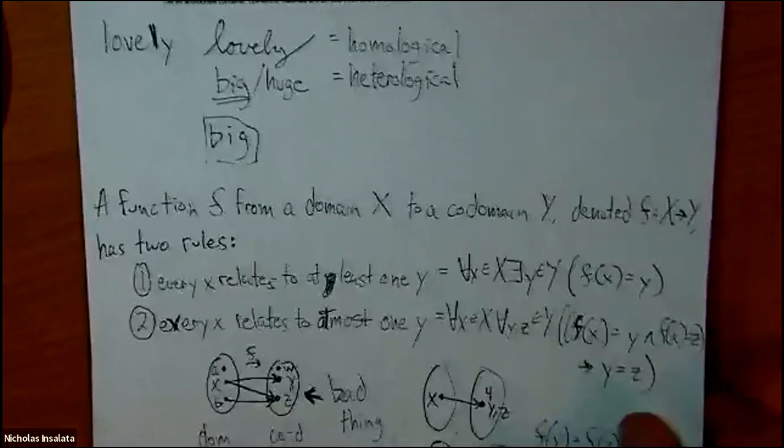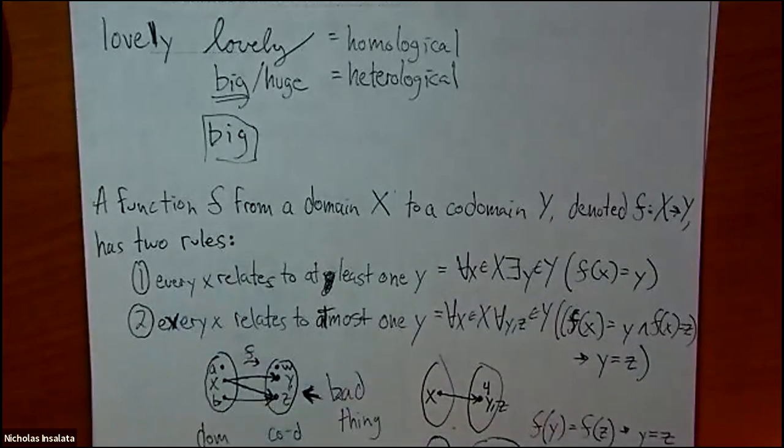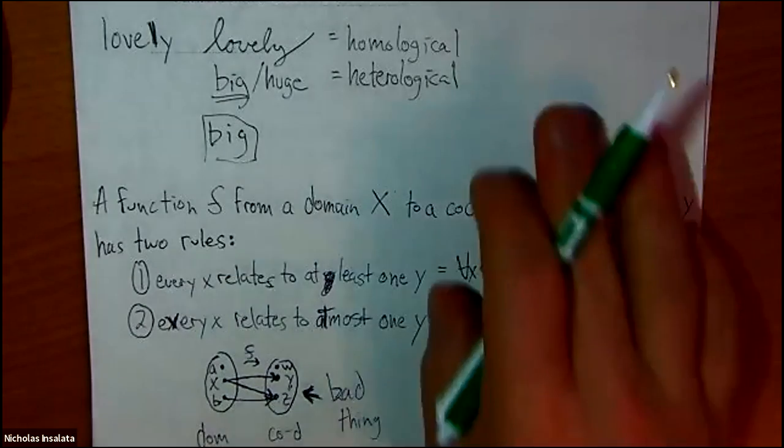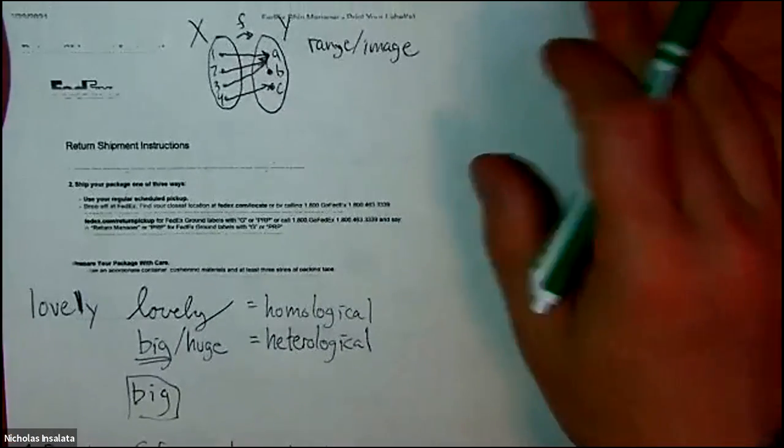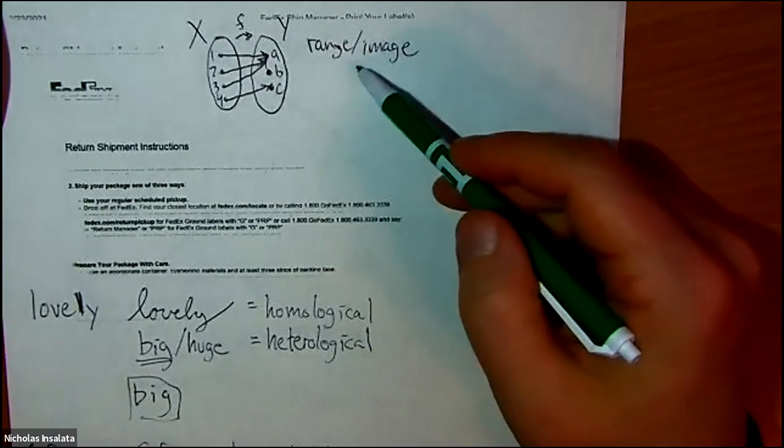So next week when we do relations, a relation is just like a function, except it doesn't have to follow the rules. So for those relations, the pre-image will not necessarily be the same as the domain, but the domain and pre-image will be the same for a function.